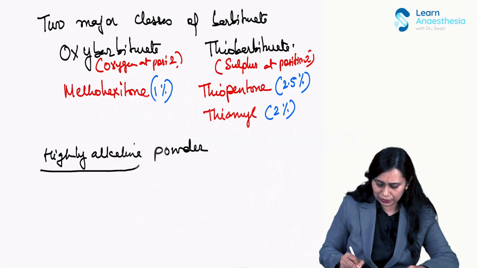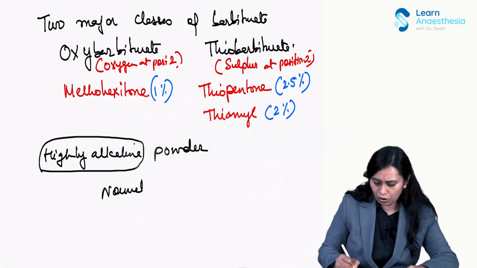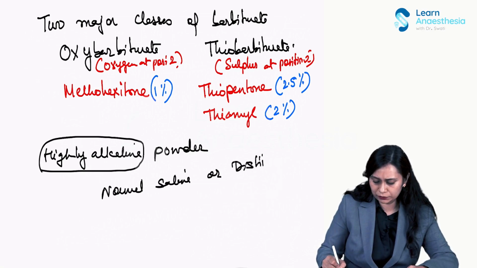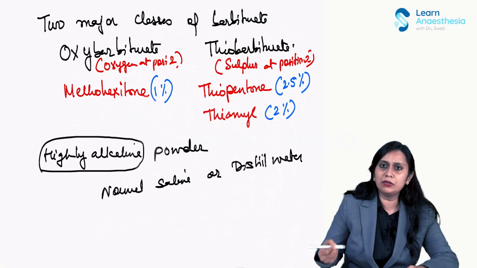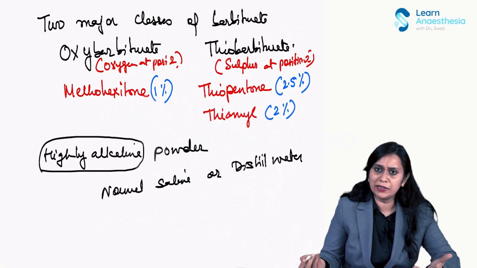Since they are highly alkaline, we either use normal saline or distilled water to prepare it. If we use acidic solution, precipitate will form and they cannot be used for anesthesia intravenously.